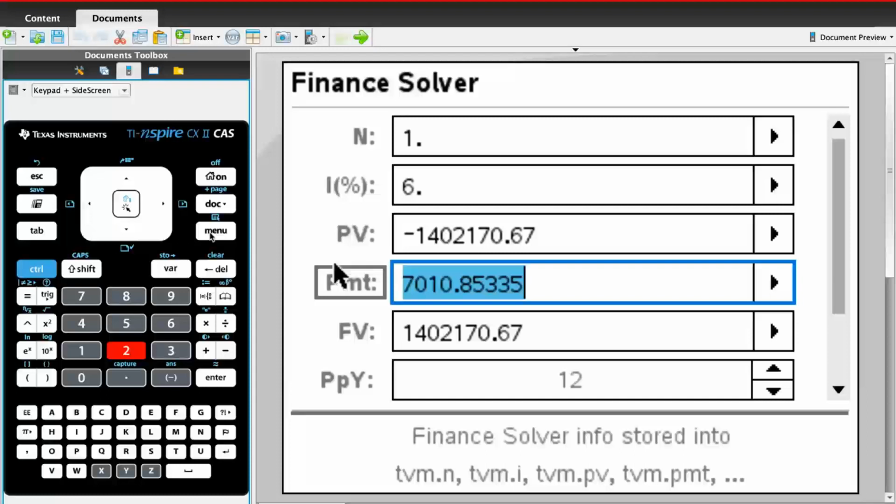But that's the advantage, I guess, of a perpetuity. So 7,000 seems like quite a lot of money, but we really don't know 50 years hence whether that's going to be enough.